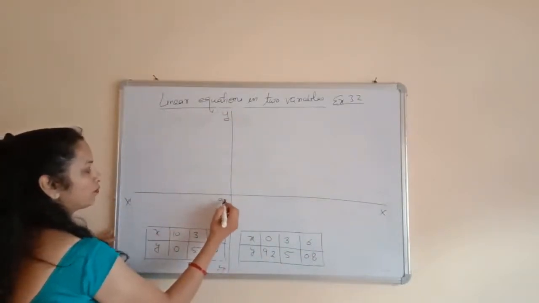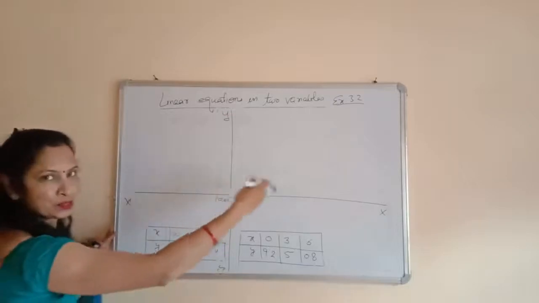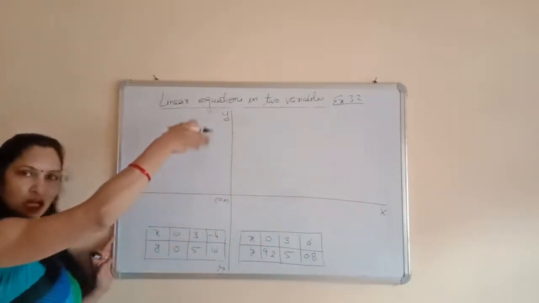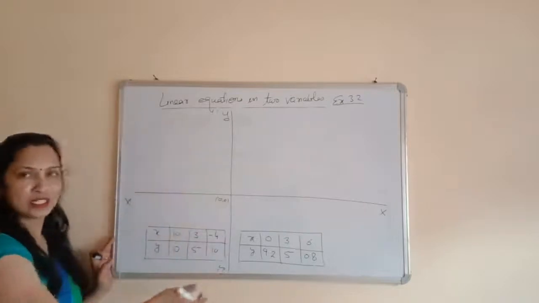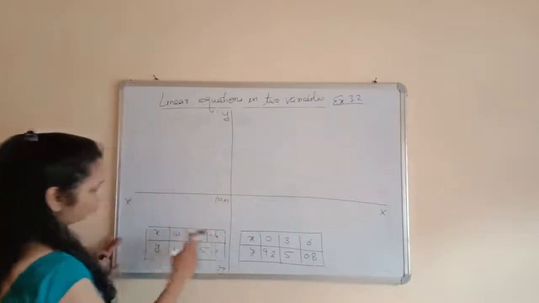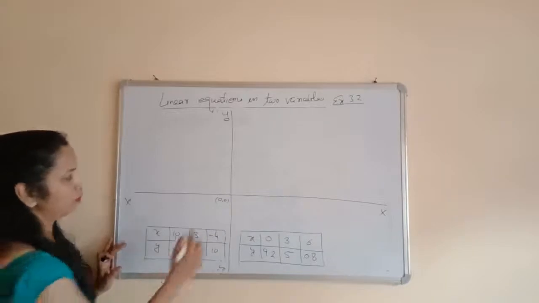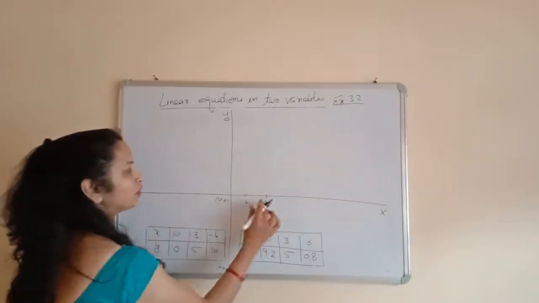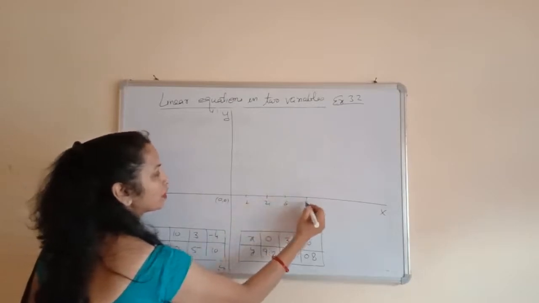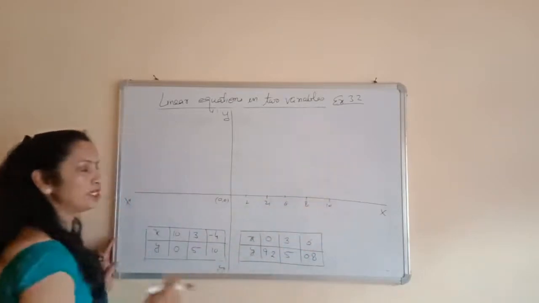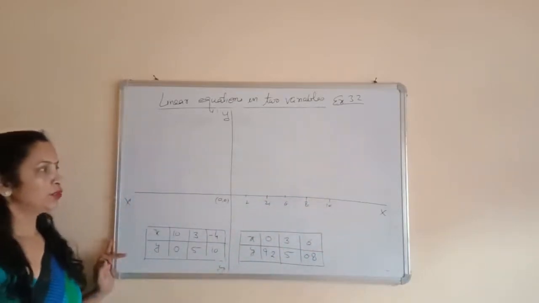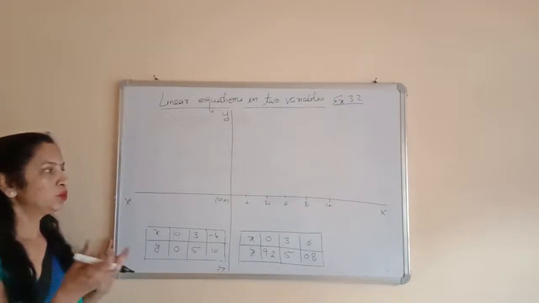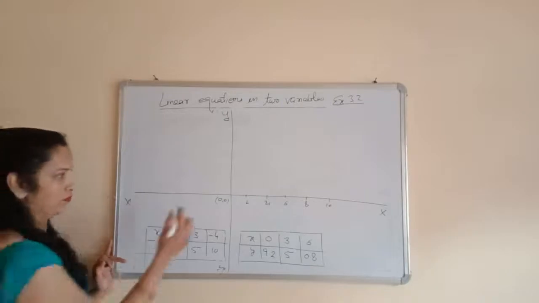This is the origin. Towards this side the values are positive, towards this side negative; in the upper side it is positive, in the downward side it is negative. For this table I can take 1 centimeter as 2 units: 6, 8, 10. It doesn't matter what scale you use. You can use 1 centimeter equal to 1 unit, or 1 centimeter equal to 2 units.